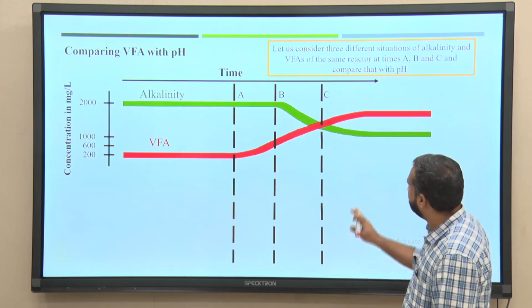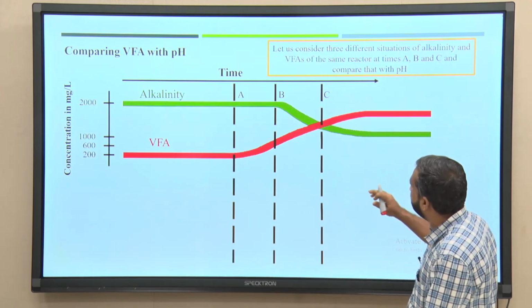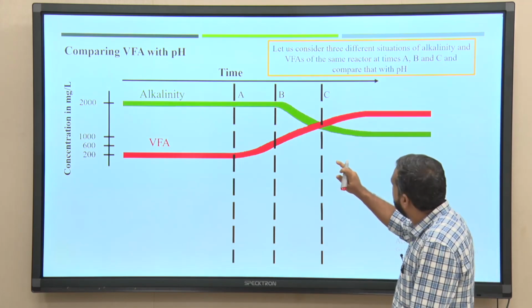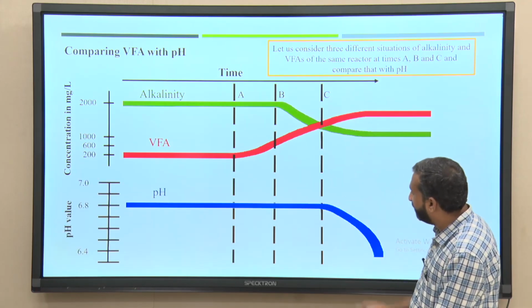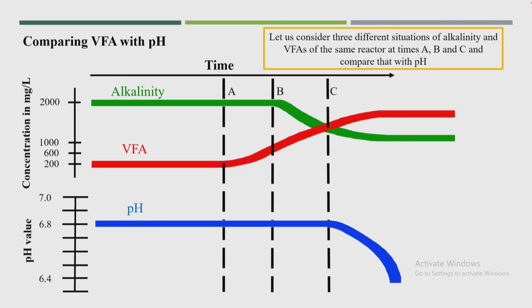So, we take three different situations, A, B and C. In all three situations, we started with a pH of 6.8, but at situation C or stage 3, the pH is dropping and coming to acidic condition.